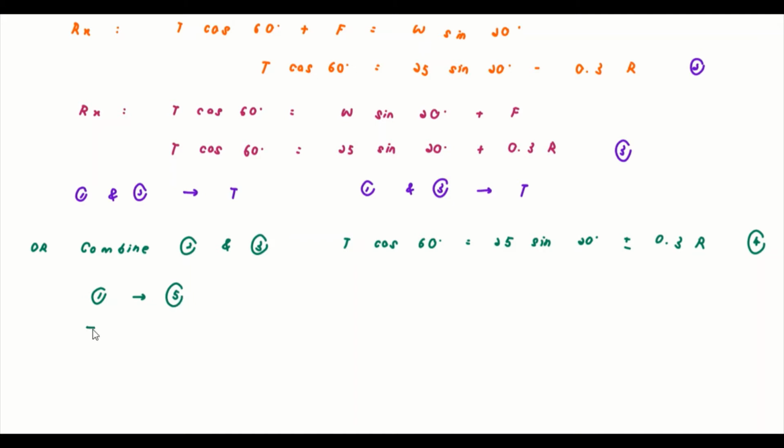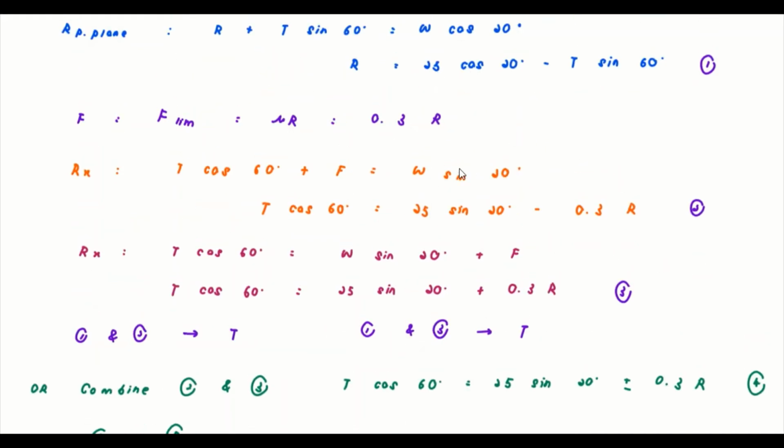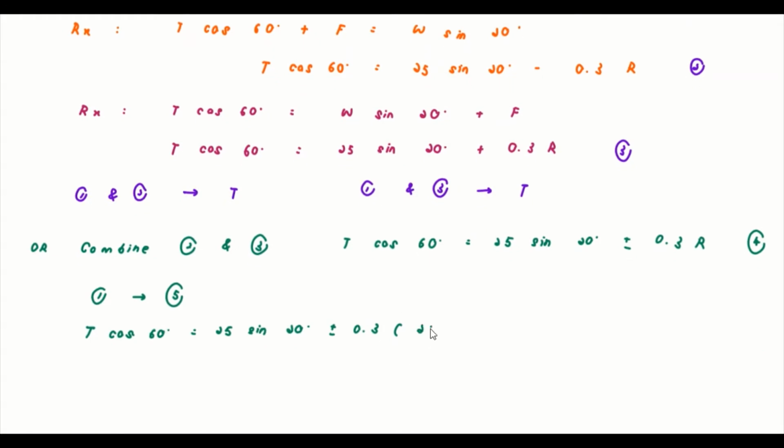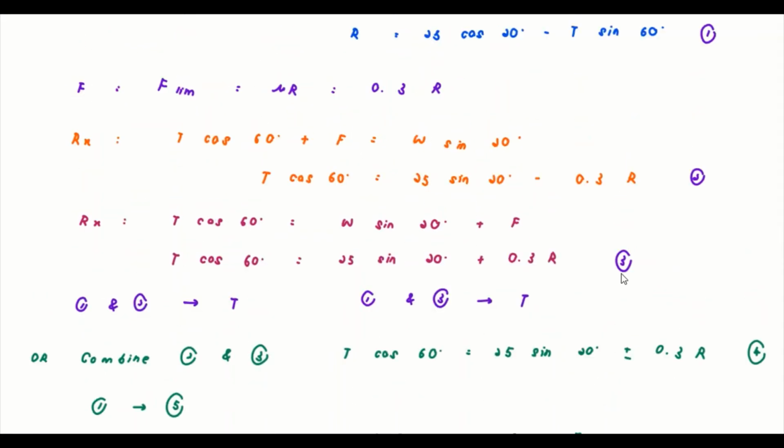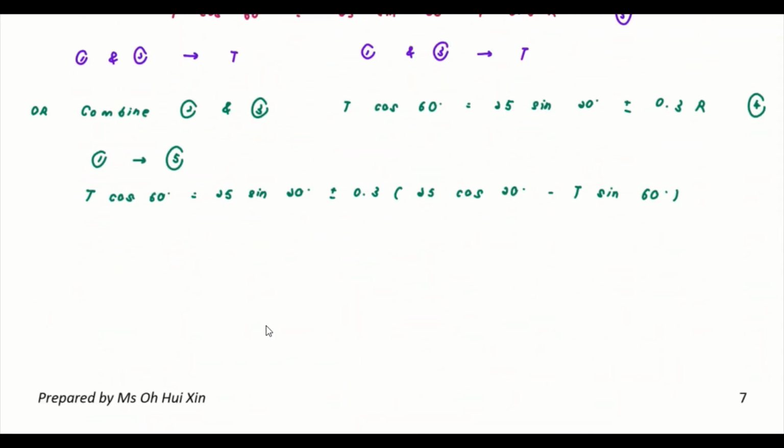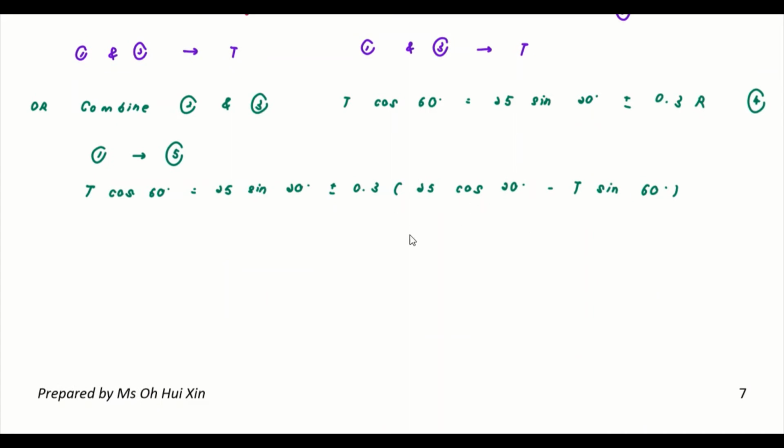So I have T cos 60 is equal to 25 sine 20 plus minus 0.3 times R, where R is 25 cos 20 minus T sine 60. Am I right? T sine 60, yes. After I substitute, I straight away solve it here, which means I do not need to do it two times.